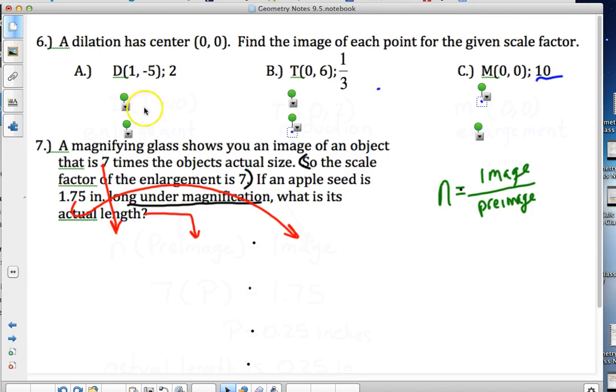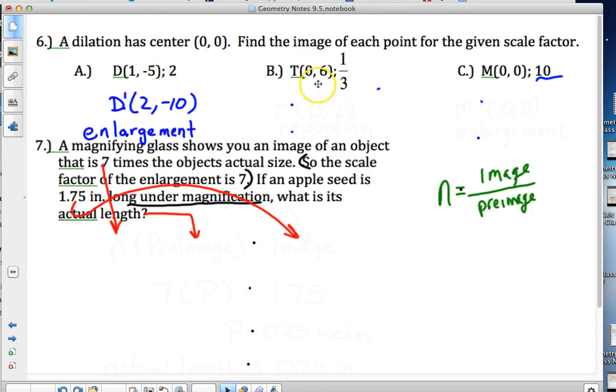We kind of thought it would be a reduction because the scale factor was less than 1. Now, when we're doing this, dilation has center (0, 0), it's always the case, and then find the image of each point for the given scale factor. Well, if I've got this point, and this is my scale factor, I'm just going to multiply them together. So it's 2 times negative 5, 2 times 1. That's all I'm doing. And this happens to be an enlargement because the scale factor is bigger than 1.